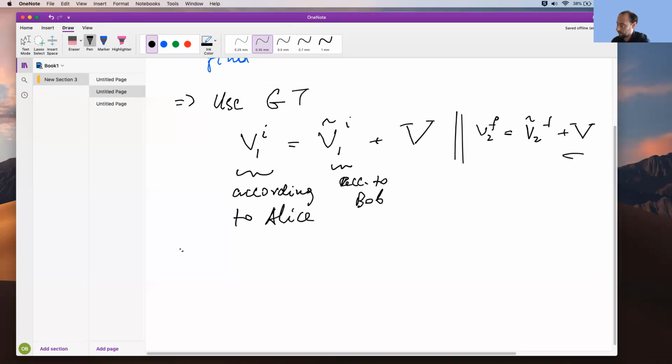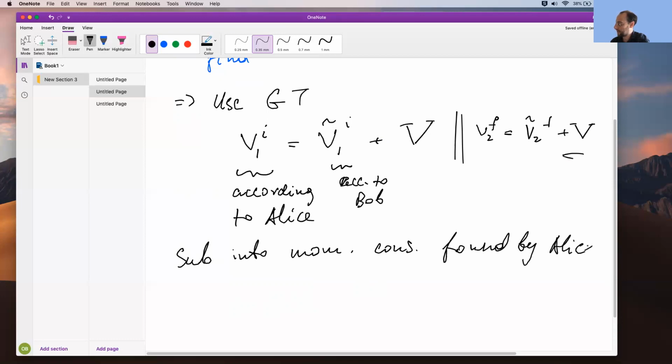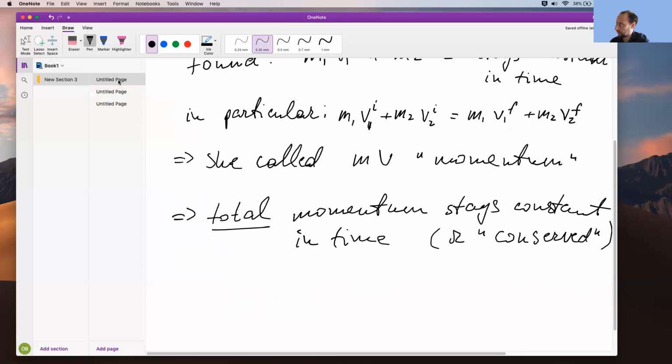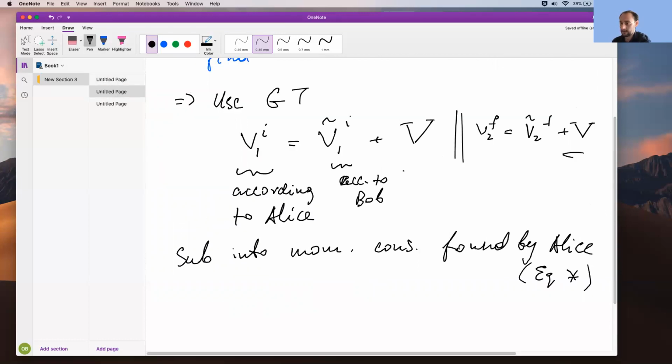Then we substitute into the momentum conservation found by Alice. I'm going to call this equation star, and substitute these into equation star. So what do I get?